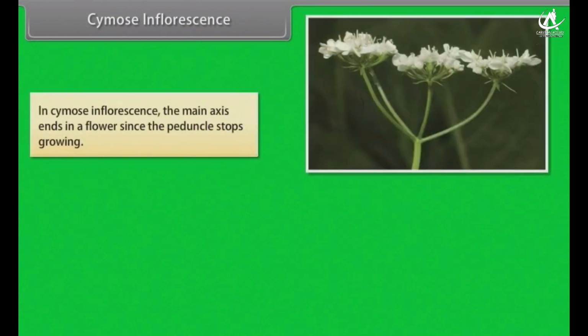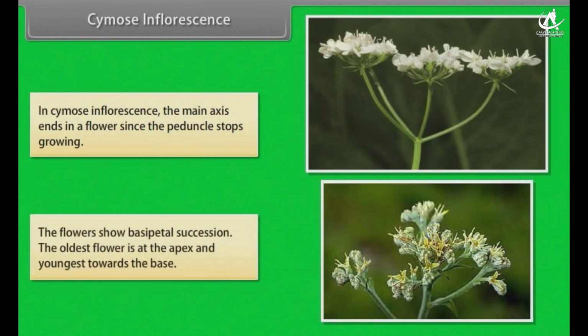Cymose Inflorescence. In Cymose Inflorescence, the main axis ends in a flower since the peduncle stops growing. The flowers show basipetal succession. The oldest flower is at the apex and the youngest towards the base.